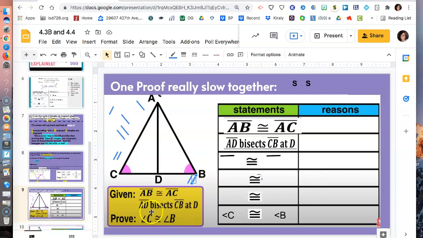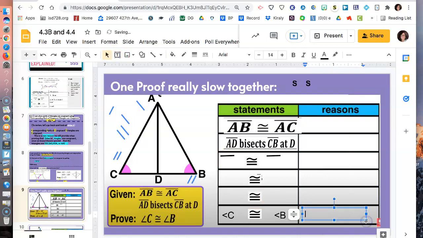Look down here. I'm supposed to prove that this pink angle is the same as this one right here. That's not full triangles, that's parts of triangles.